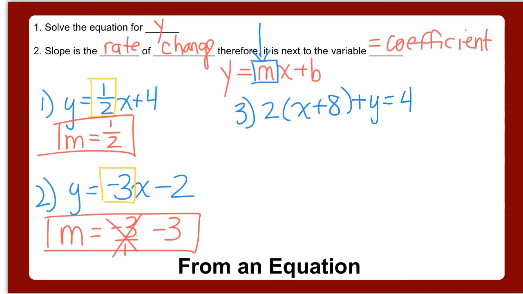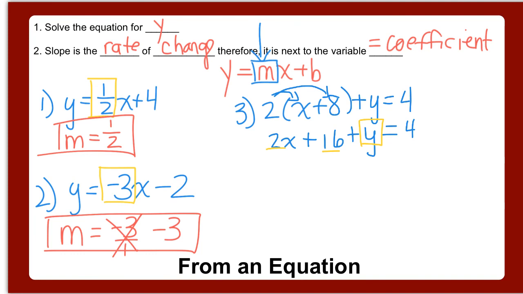So way back 2 units ago, we learned how to distribute. 2 times x is 2x, and 2 times 8 is 16. I'm going to bring down my plus y. I'm going to bring down my equals 4. I want this guy by himself, but I have to get rid of all this stuff.